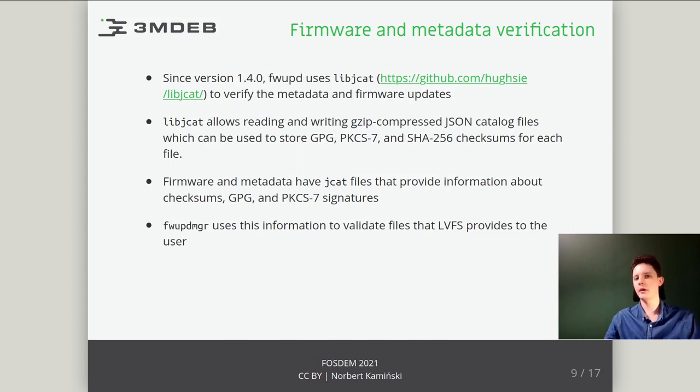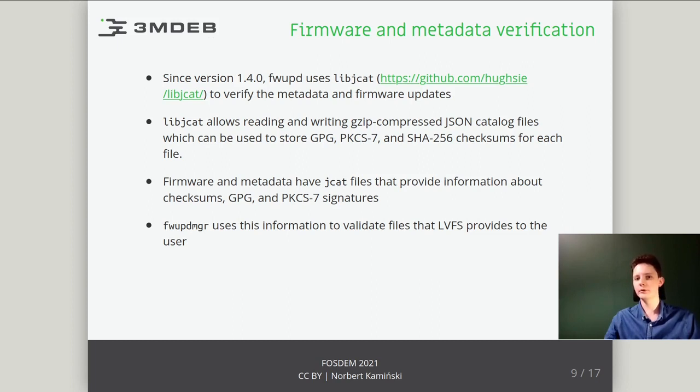Before that version, fwupd required a PKCS7 or GPG signature during the verification process. libjcat allows reading and writing gzip compressed JSON catalog files that contain GPG and PKCS7 signatures, and it also contains checksums of the files that are contained in the cabinet files.